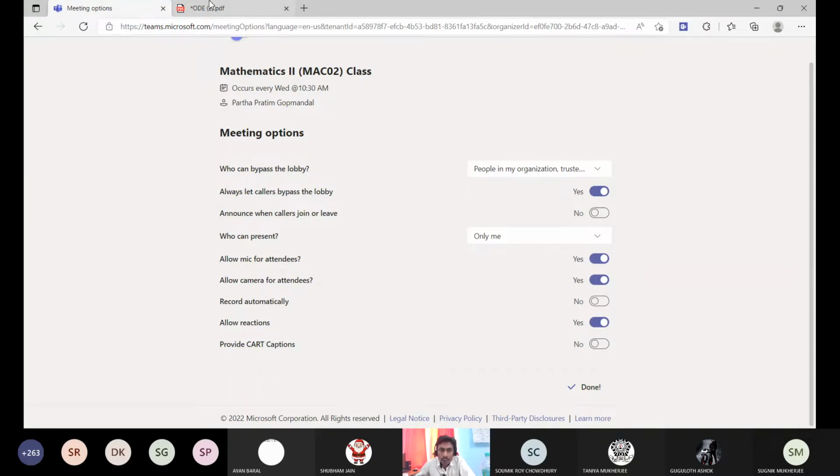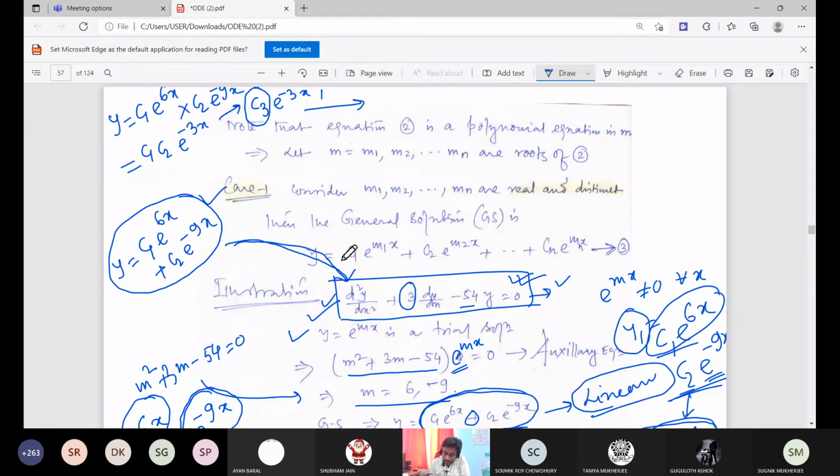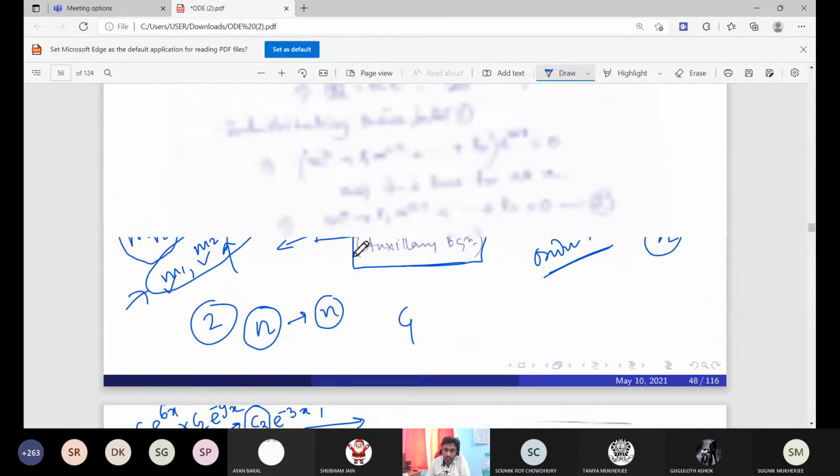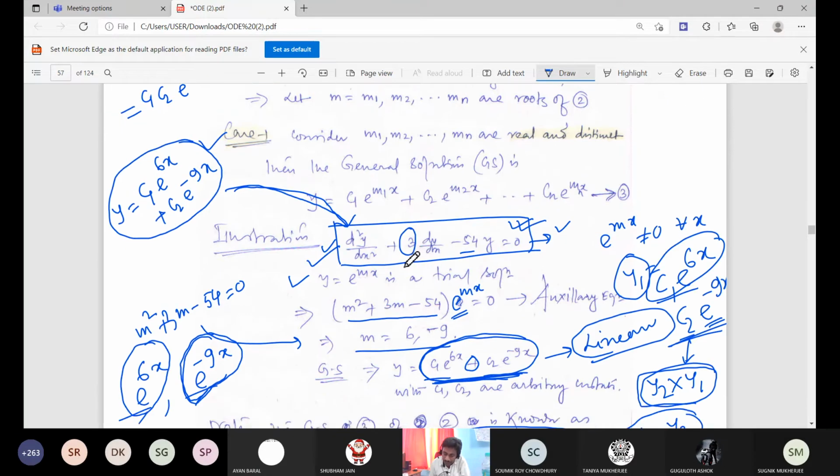Okay, so the idea was, we have considered a typical situation here. The roots m1, m2 that we have considered in this particular example are real and distinct. So for this case, when the roots are real and distinct, you can see from here that I have mentioned m1, m2, and so on mn, these are real and distinct.